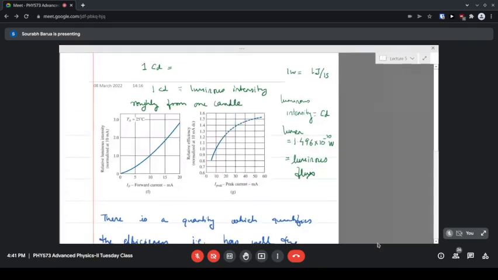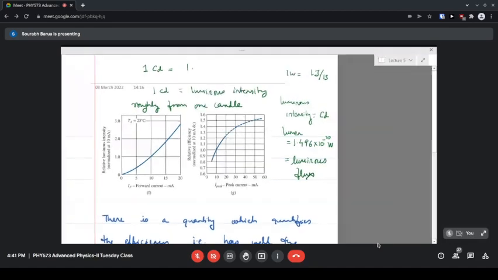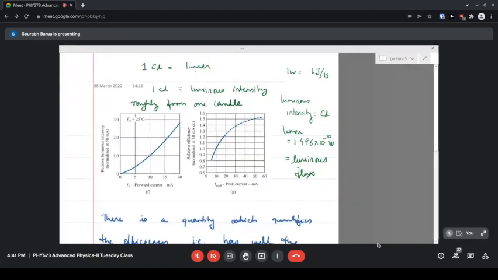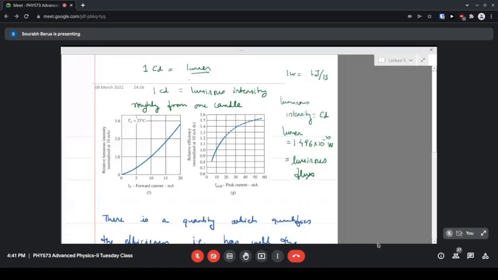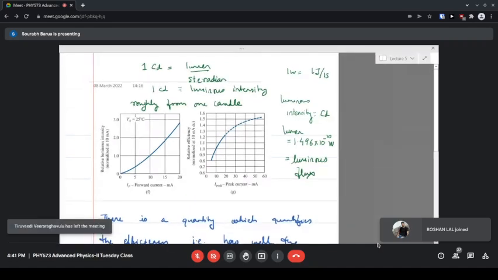That is the rough estimate of the magnitude of 1 candela. And it is actually lumen per unit solid angle, lumen per steradian, right?